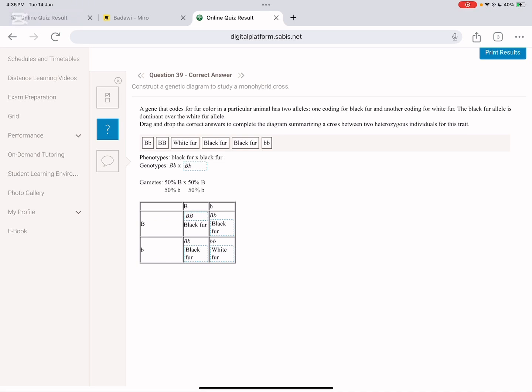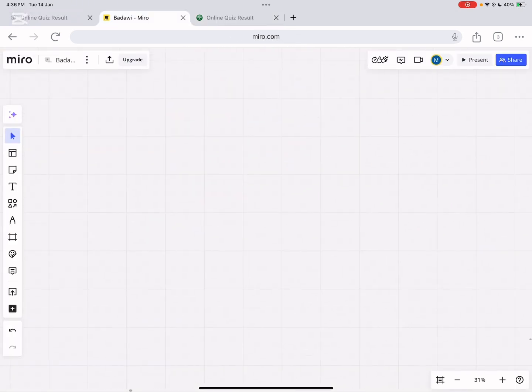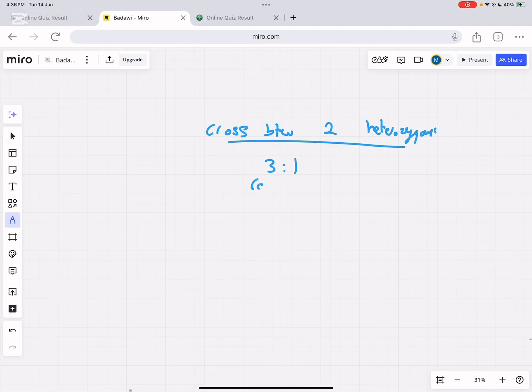Okay, here they're telling us the black fur is dominant over the white fur, so of course we're gonna denote the black with a capital while the white with a small letter. It's a cross between 2 heterozygous individuals. So just a small trick for you guys. Anytime you have a cross between 2 heterozygous, the ratio will always be 3:1. 3 dominant phenotype, this is the phenotype ratio, and 1 recessive phenotype.